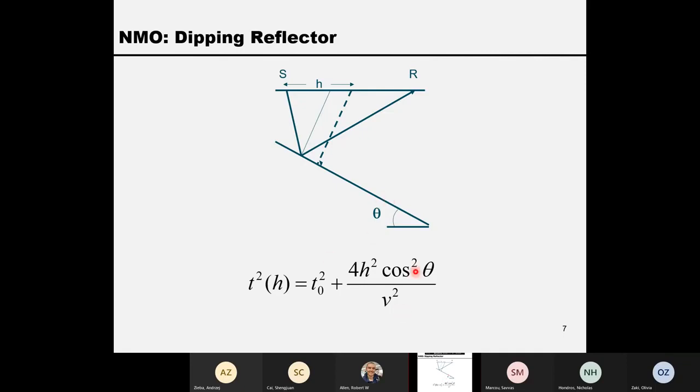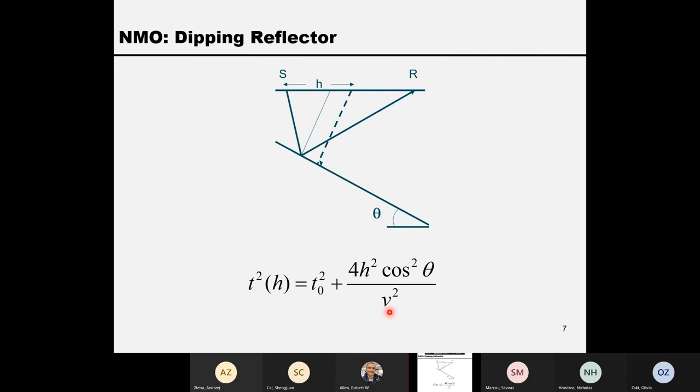However, here, instead of 4h squared divided by v squared, now we have a cosine squared on top. So if you move cosine squared to the denominator, your velocity will change from v to v divided by cosine theta. You see that?